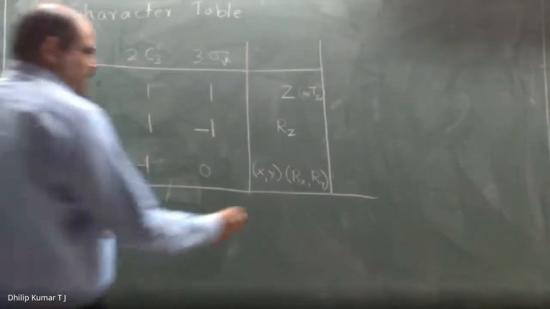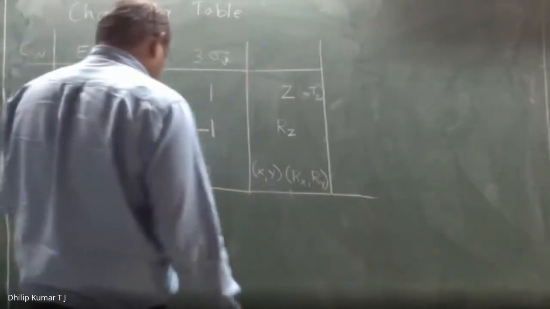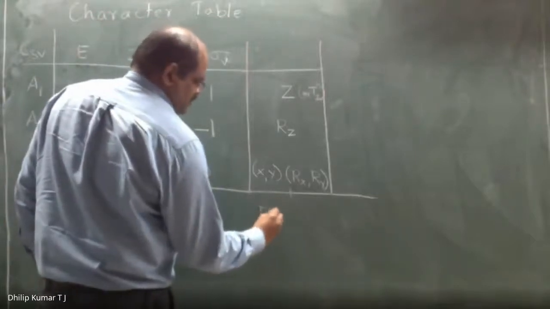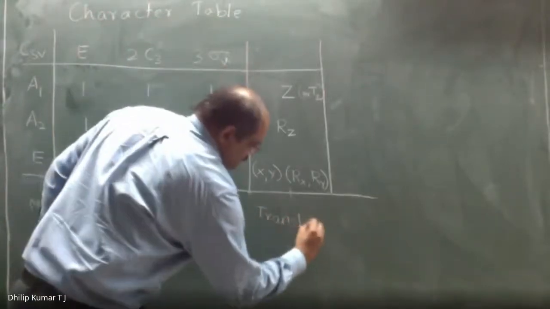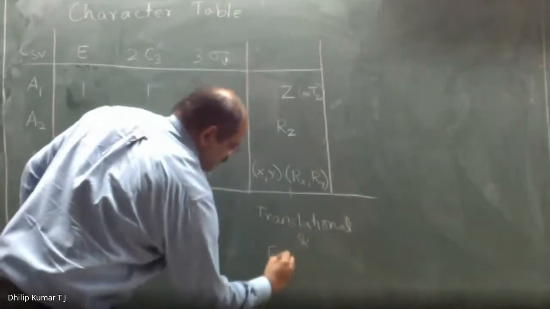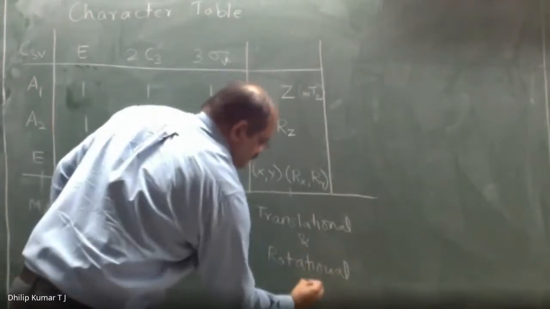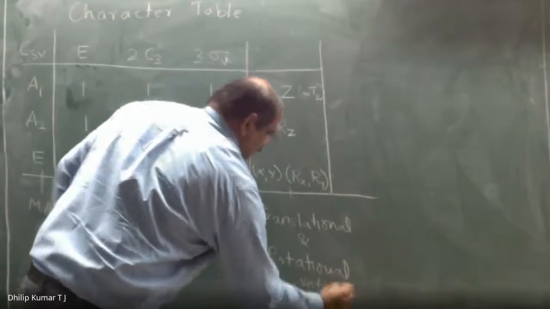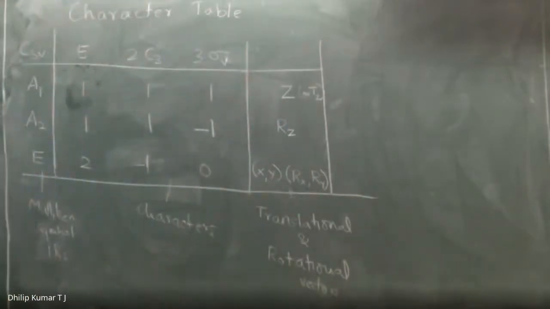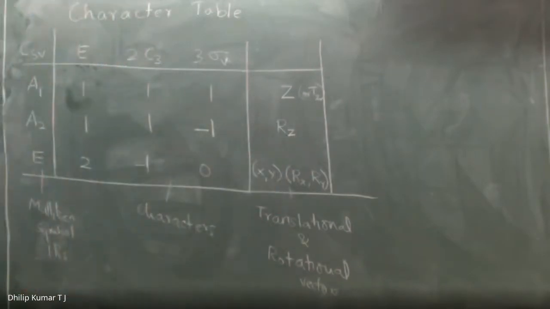And the third part is called the translational and rotational vectors, or bases. R means it's basically rotation about the X and Y axes, and RZ means a rotational vector about the Z axis.